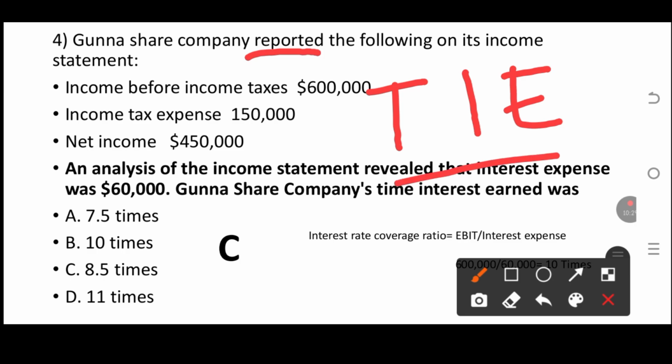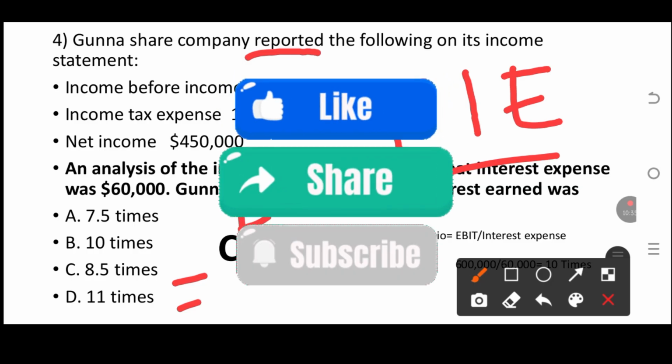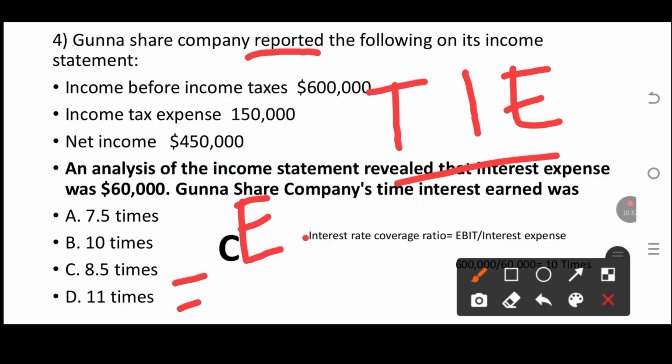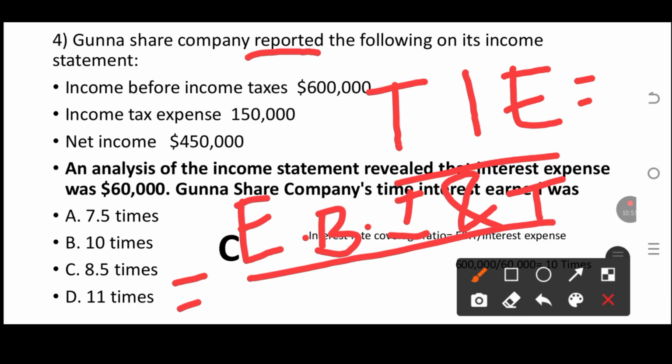Times interest earned is equal to earnings before interest and taxes divided by interest expense.